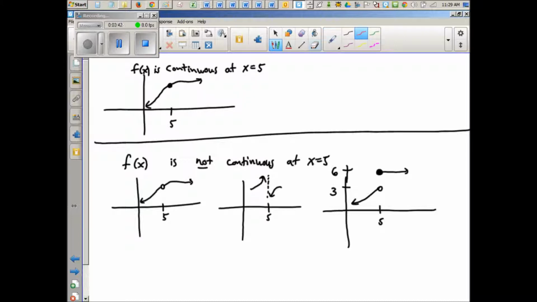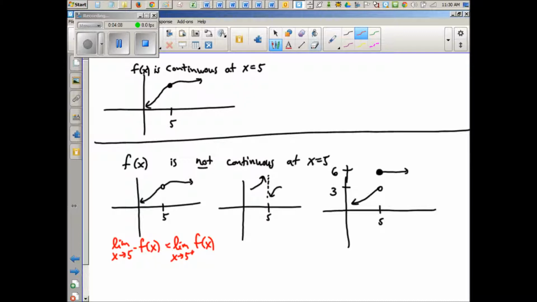You could say, this is some mathematical language you could state, that the limit as you approach 5 from the left and the limit as you approach 5 from the right are the same, right? You could say that. It's true. As you come from the left and the right, you're approaching the same y value at least, which is not true for either of the other 2 pictures.